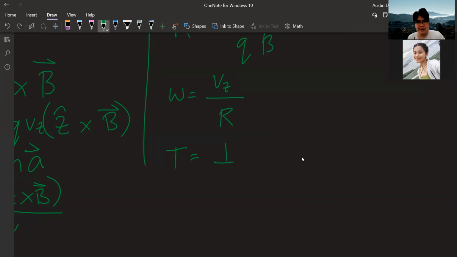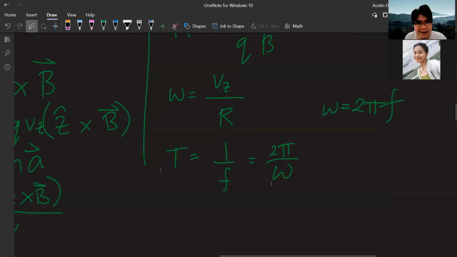The period is just 1 over frequency, and omega is equal to 2 pi f. Sorry, ginagamit ko lang stock knowledge. Okay, omega is 2 pi f. And then, solving for that, you can get na the period is 2 pi over omega. Okay. Let me check.